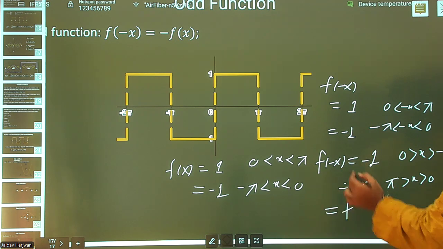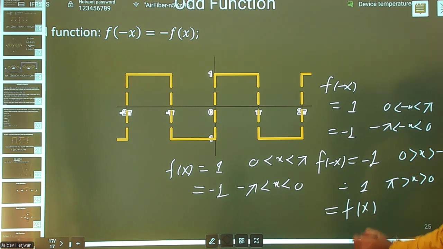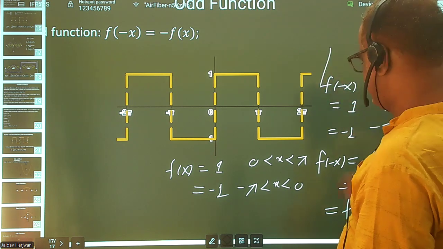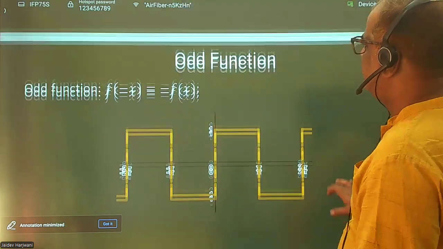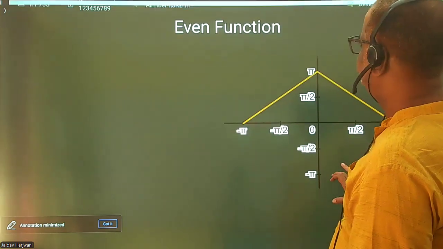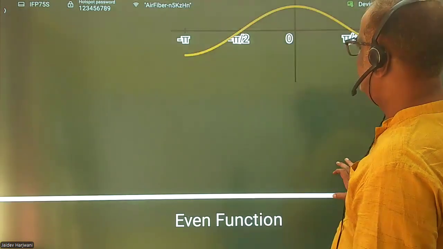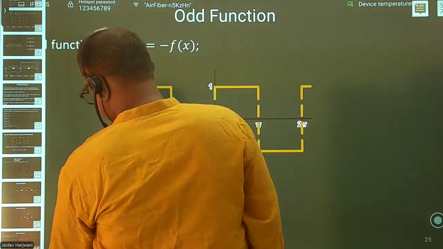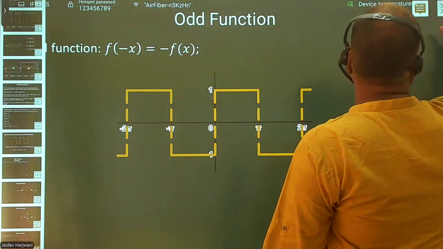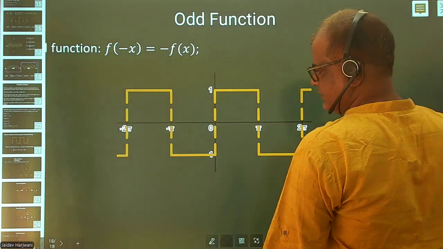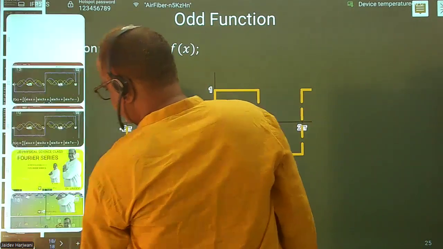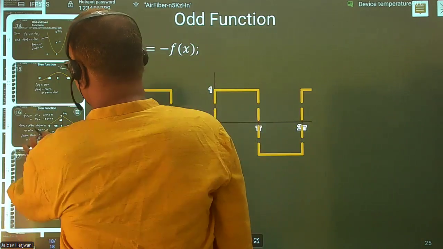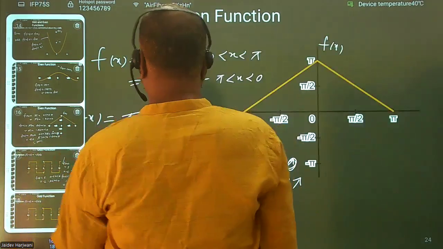This is the same as your f(x), okay? Similarly, the last one also we have to check. This frame you have to check again.